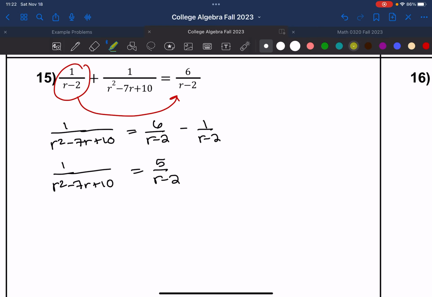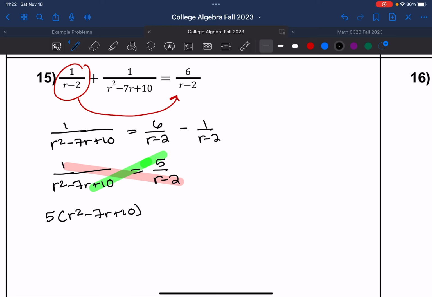I have a fraction equal to a fraction, so I'm going to cross multiply. So I have 5 times r squared minus 7r plus 10 is equal to 1 times r minus 2, so just r minus 2. I'm going to distribute that 5, so I have 5r squared minus 35r plus 50 is equal to r minus 2.